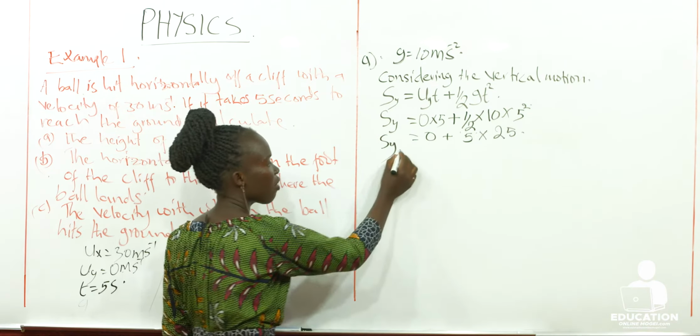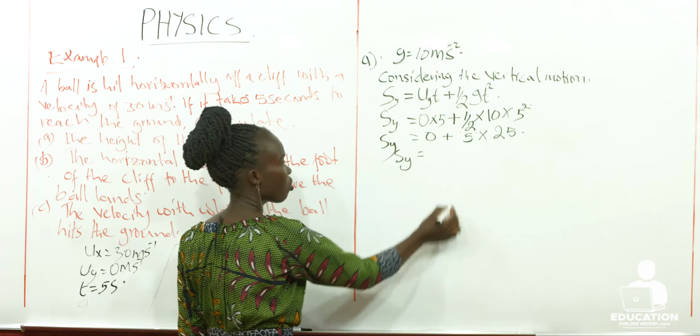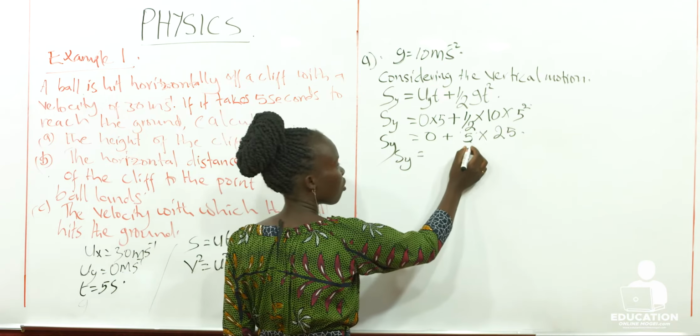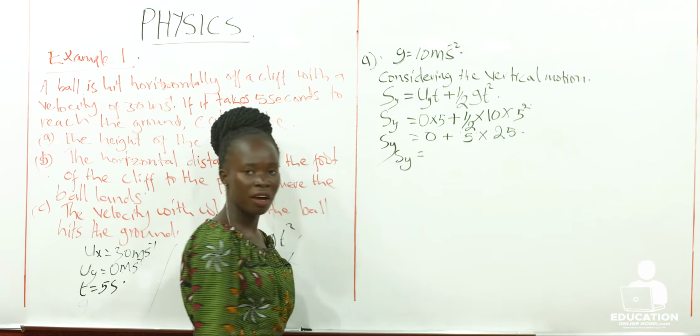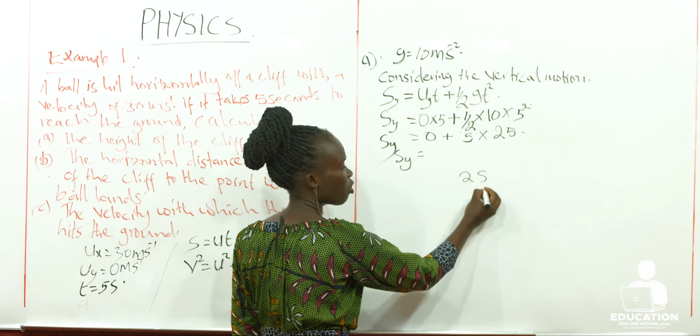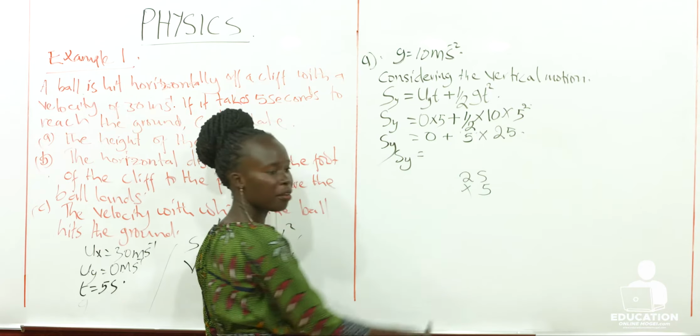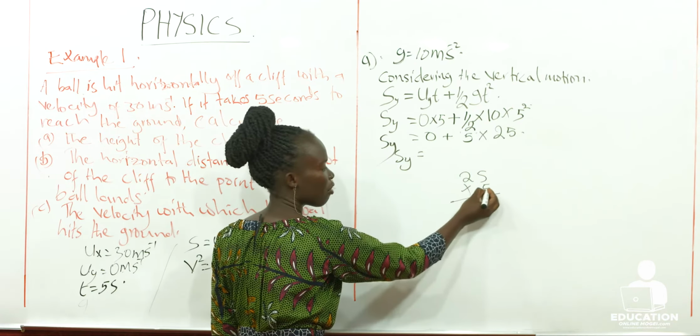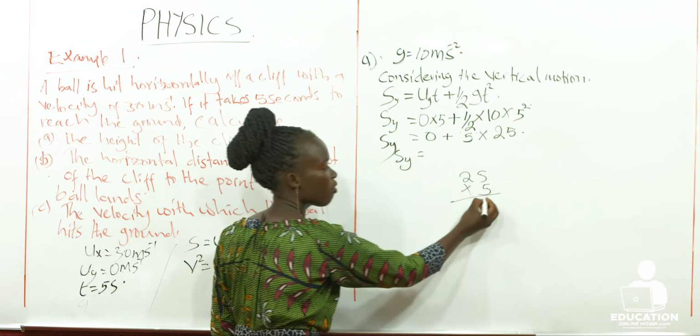So we shall have our Sy equal to 5 times 25. We are multiplying 25 by 5. So we shall have 5 times 5, which will give us 25.